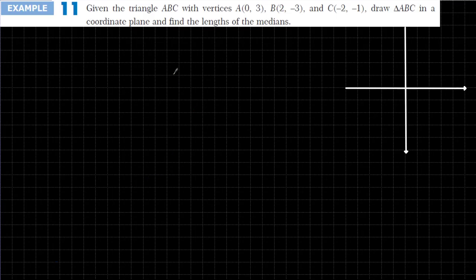Here, in the given triangle ABC, the vertices A, B, C have these coordinates. Draw the triangle ABC in the coordinate plane and find the lengths of the medians. If you remember the median definition, a median is a line segment that divides the side into two equal parts.